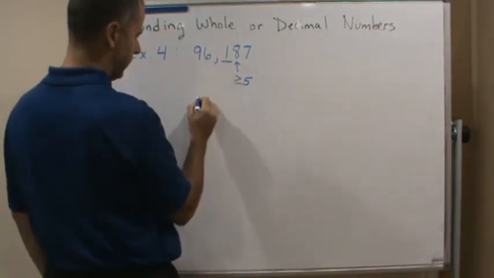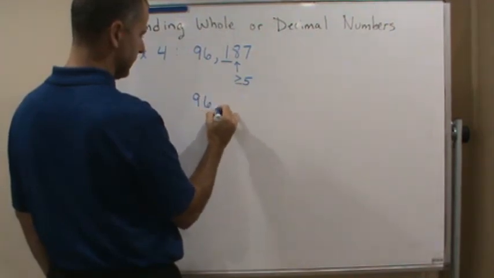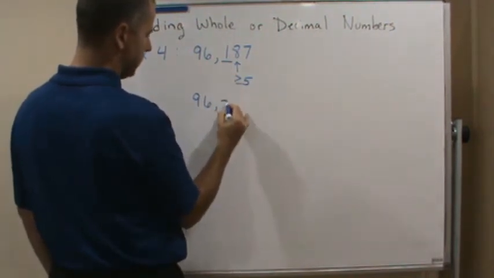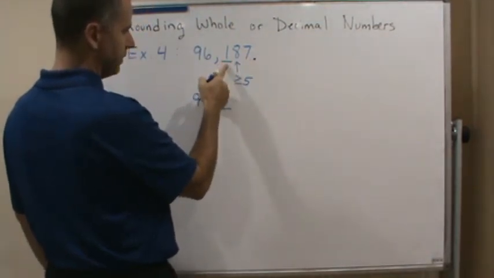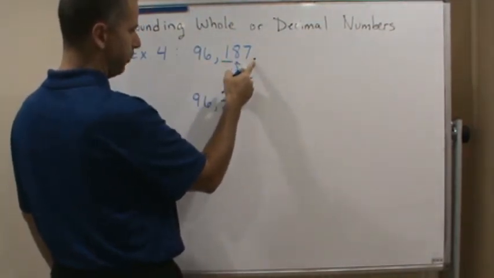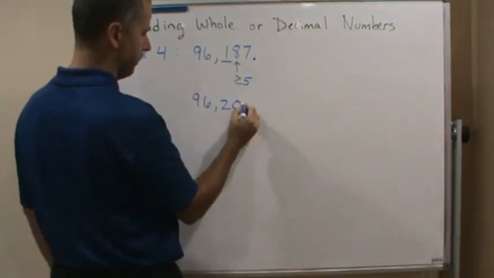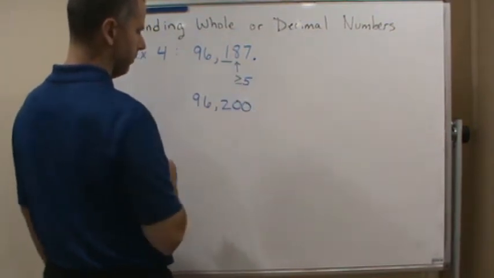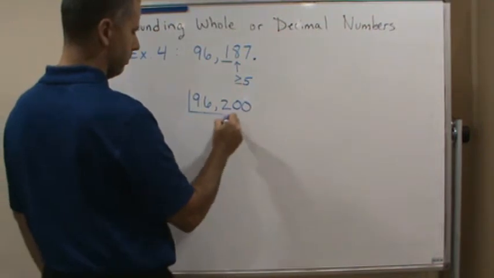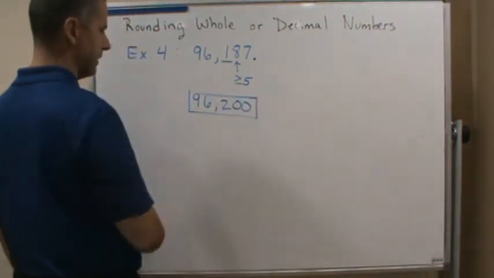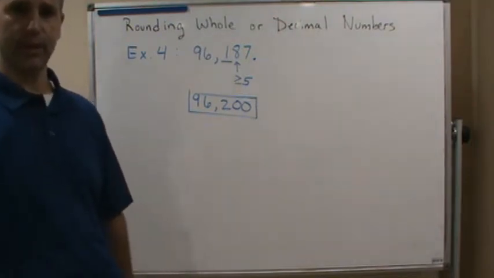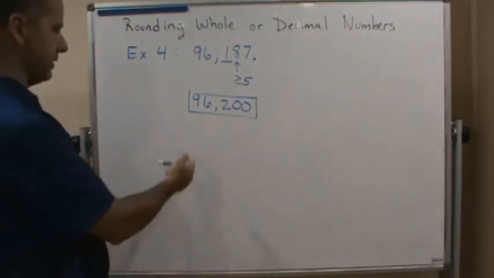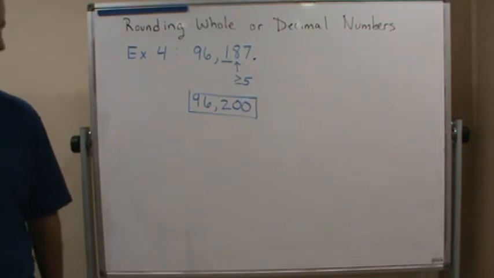So again, the 96 stays the same, the 1 becomes a 2, and again, all the digits between this place value and the decimal point become zeros. So that's the answer. To round 96,187 to the nearest 100 is 96,200.